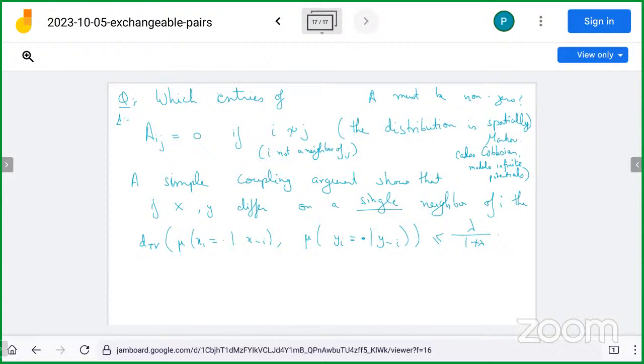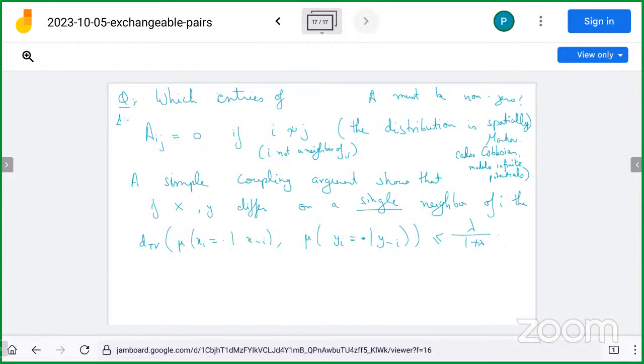The other Bernoulli, if it is fixed, is also fixed to 0. It cannot be fixed to 1. That will happen if there is another neighbor which is 1, but then that neighbor has to be there on both. The only situation is that this neighbor is the only one that is different and all the other neighbors are 0. In that case, the distribution of this vertex is Bernoulli with parameter lambda over 1 plus lambda. So there is actually no coupling really, it's equivalent because one side is fixed.